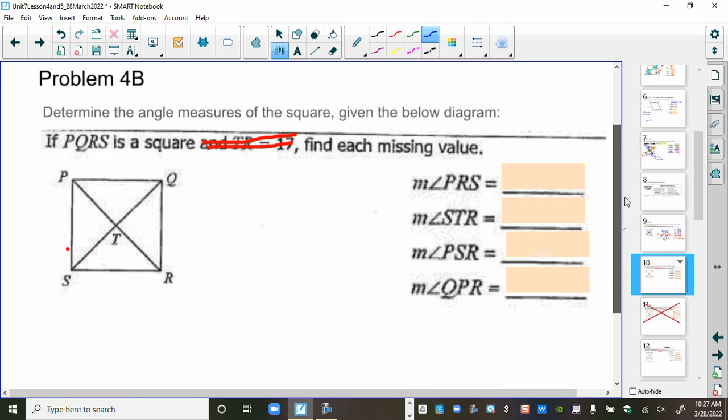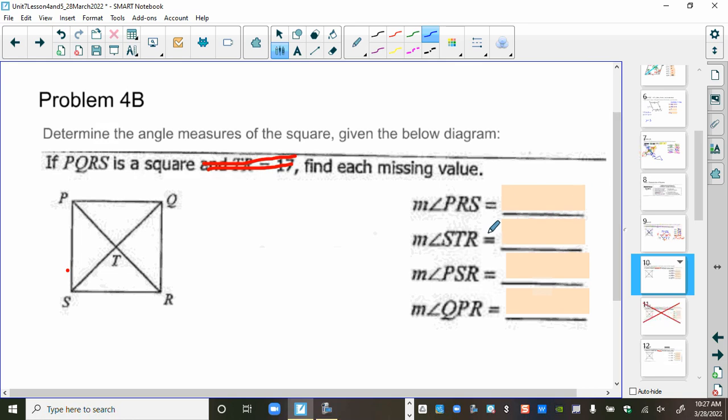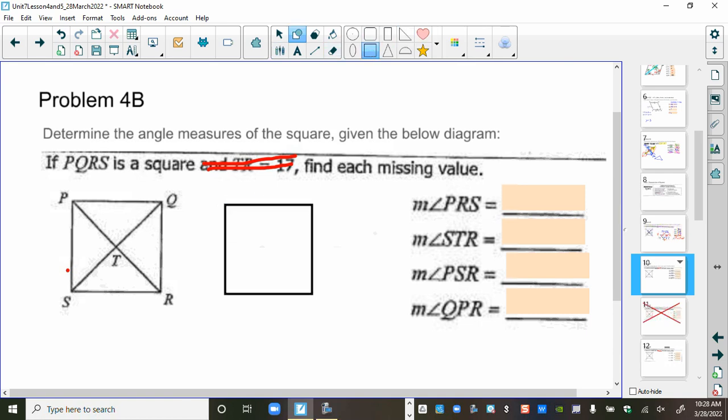Okay. Now, remember what I said with angle measures for squares? There's only two possible numbers you have to worry about, 45 and 90. And I'll tell you how. If it's an outside angle, then it's a 90.